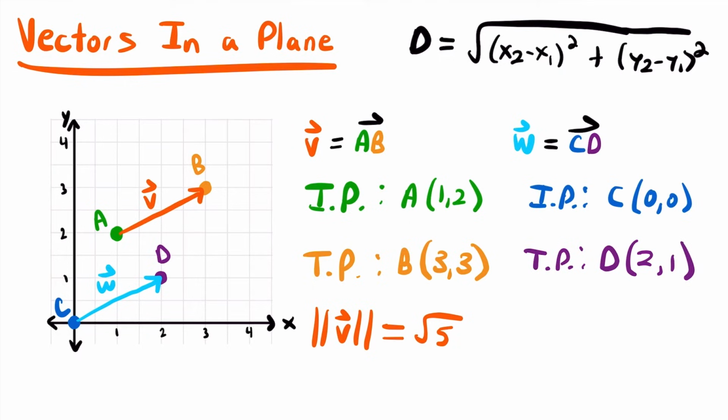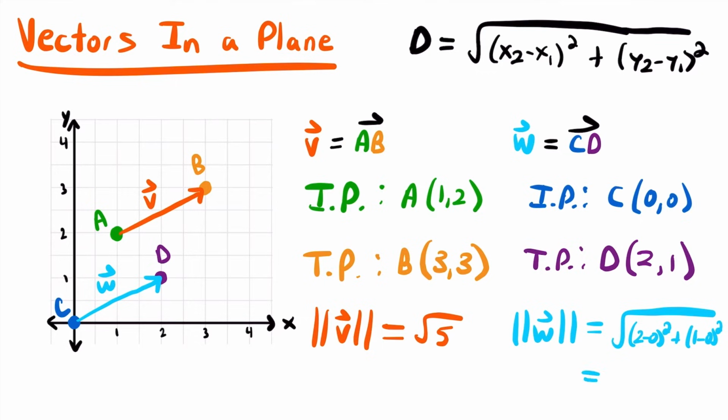All right, and now if we want to calculate the magnitude of vector w, we could do the same thing that we did for vector v. We'll use the distance formula and take the square root of the difference of the x value squared plus the difference of the y value squared for the terminal and initial point. So we'll have the square root of 2 minus 0 squared plus 1 minus 0 squared.